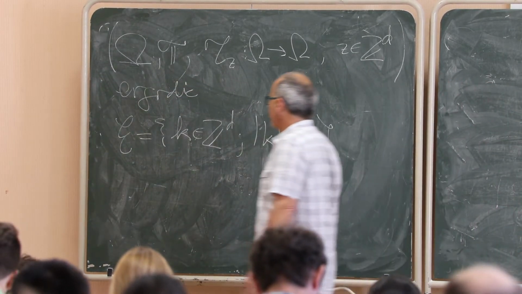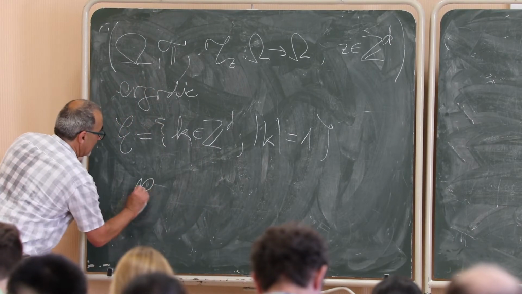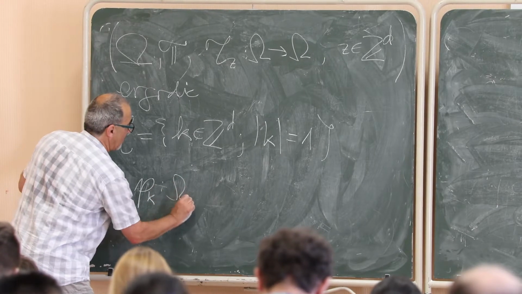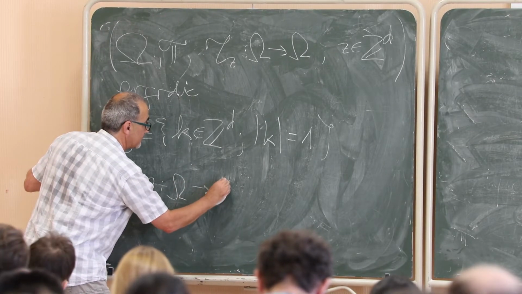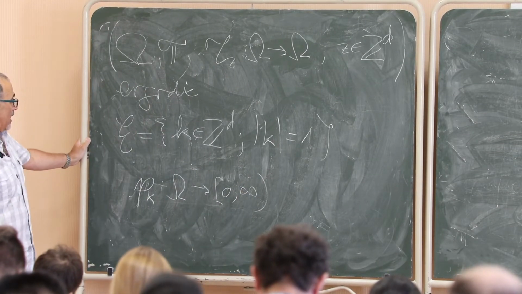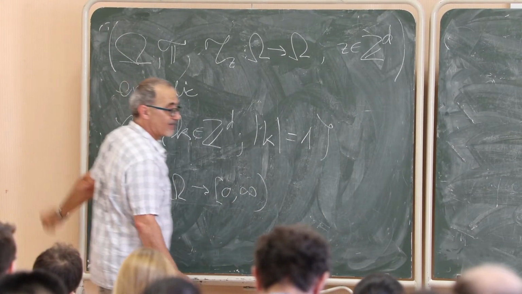And I have jump rates p sub k which map omega to R plus, and these are jump rates.